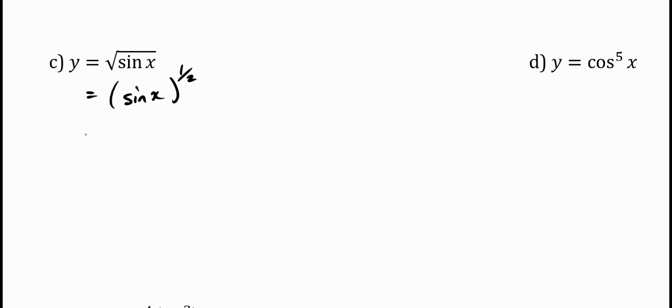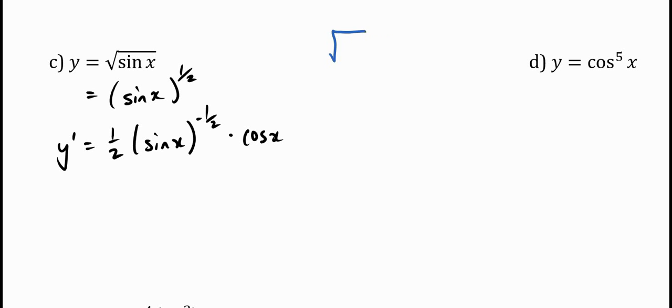So y prime is 1/2 times sine of x, subtract 1 from the exponent, and then multiply by the derivative of what's inside those brackets, right? Which is cosine of x. It's the same as if we had the square root of x cubed.